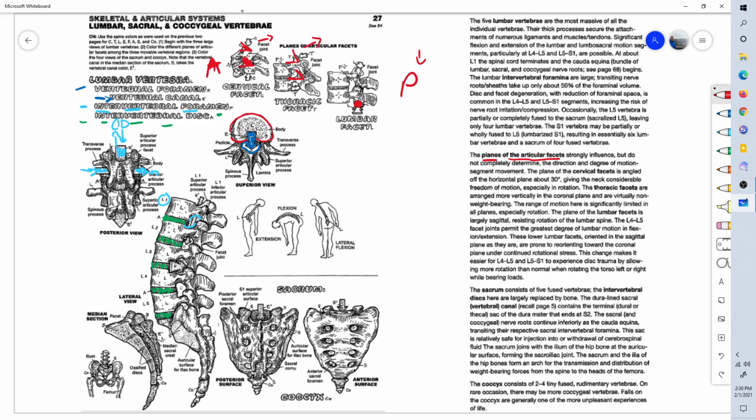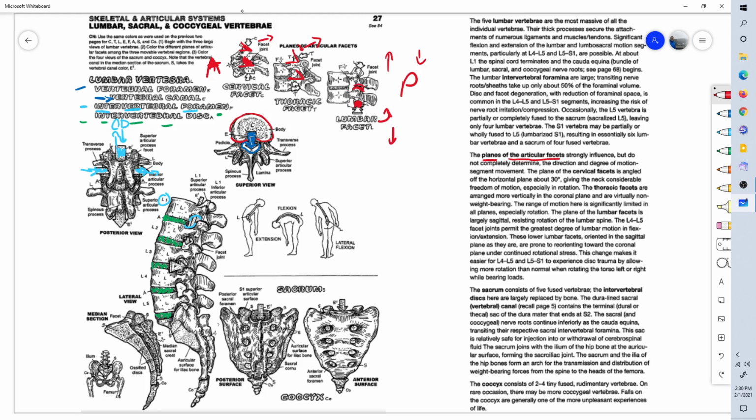In truth, they face posterior and a little bit up towards you, a little lateral. And then notice how the superior facet here, facet joint, faces inward. It faces medially, and the inferior facet of the one above faces outward, laterally.